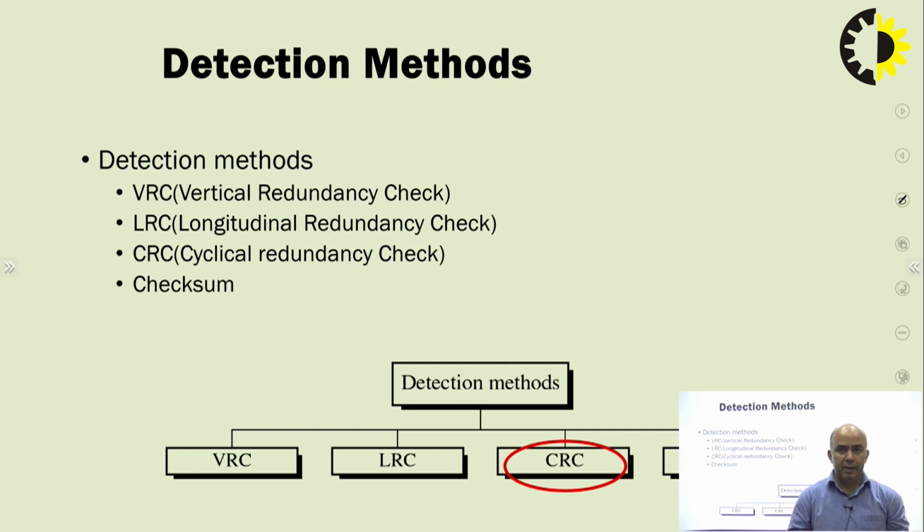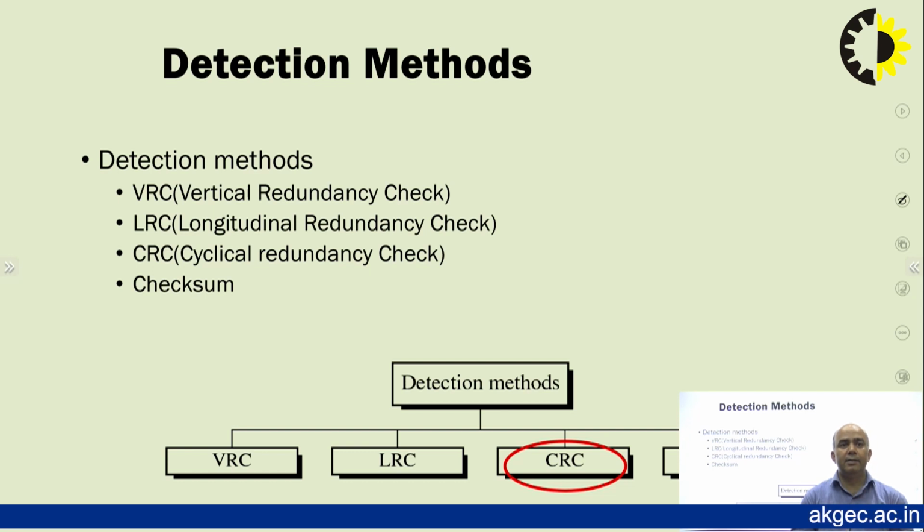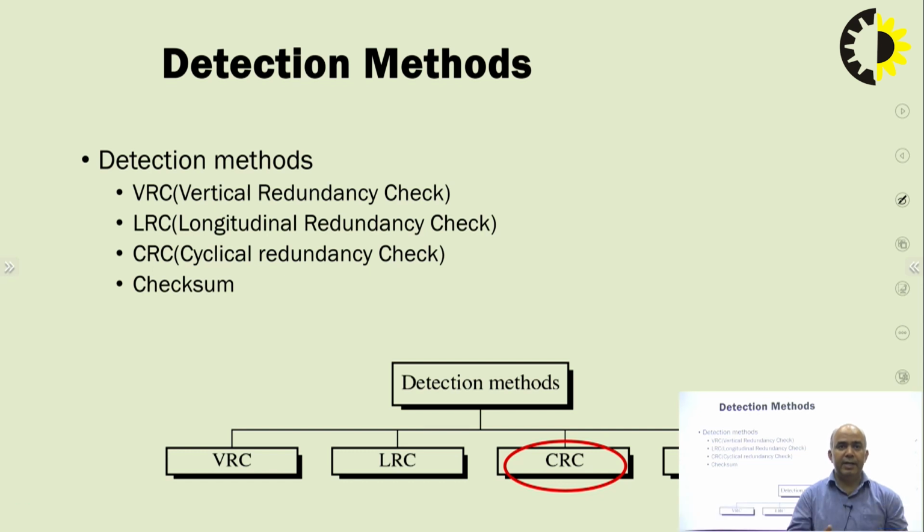The same method is followed. If the result is all zeros, there is no error in the received data, so we can accept the data. If any error has happened, we can discard the data.